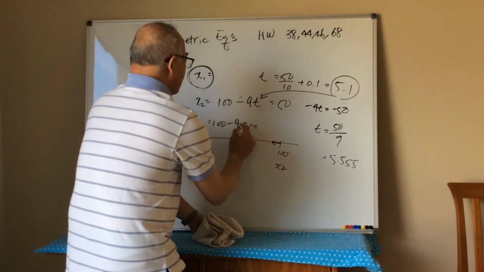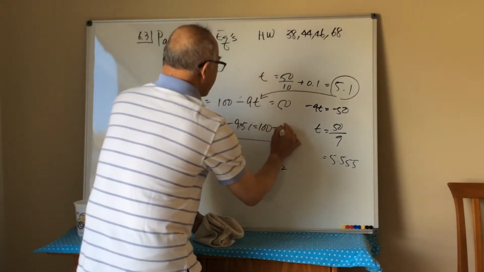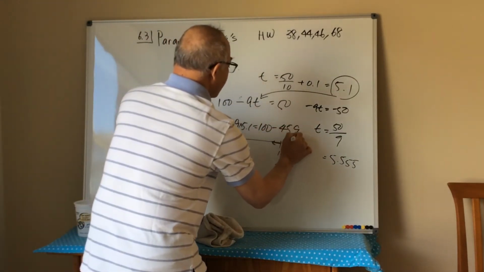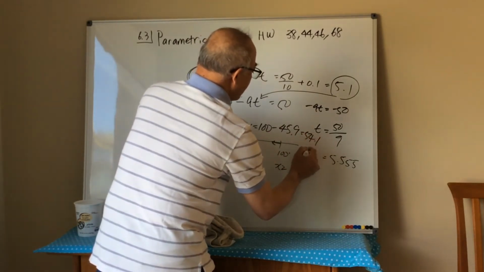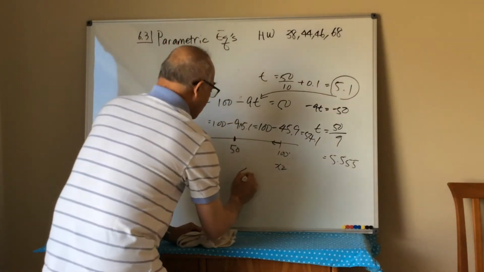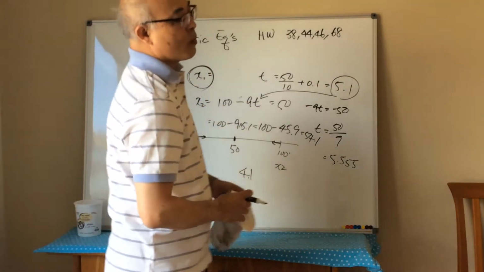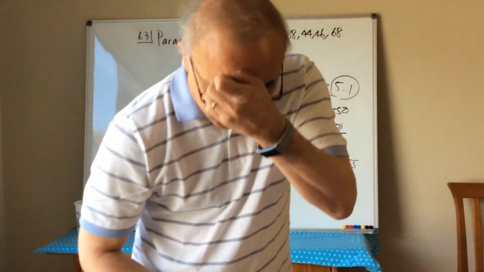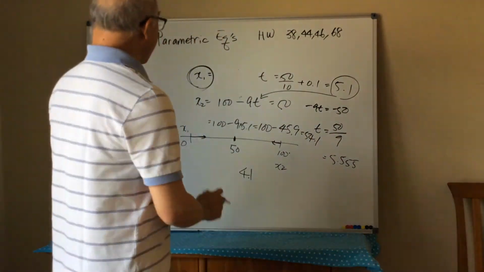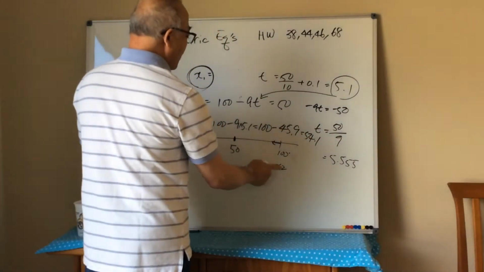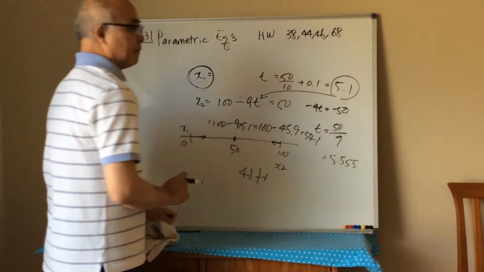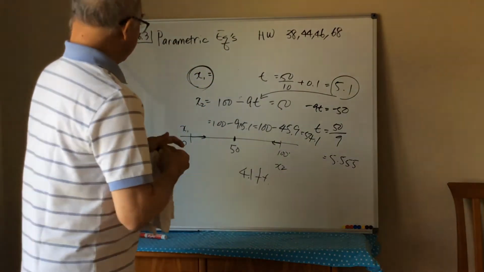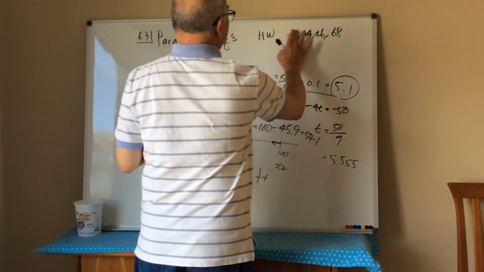You're going to get 100 minus 45.9. So this is going to be 54.1. So this guy's going to be 4.1 away. So x1 is going to capture the flag before x2 by 4.1 feet. Okay? So that was 38.